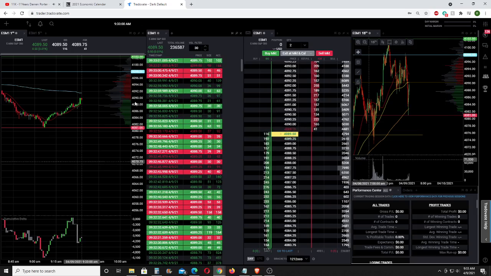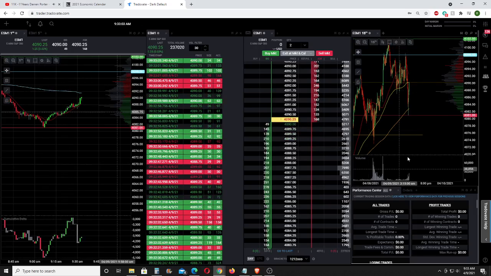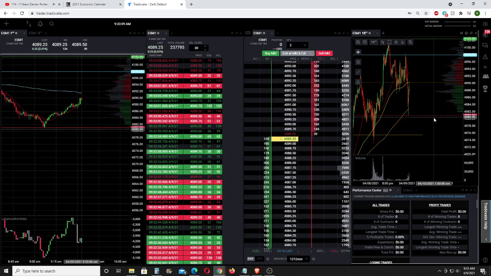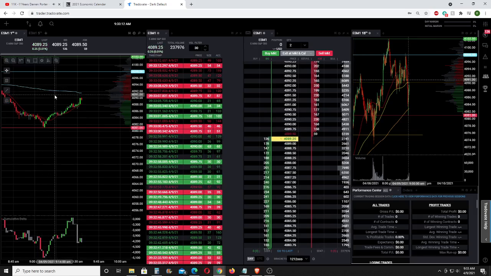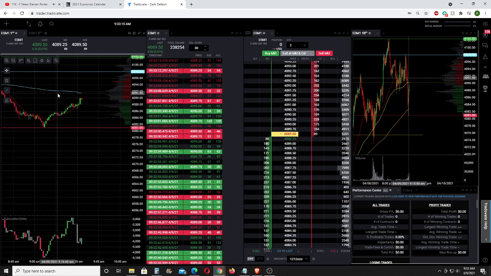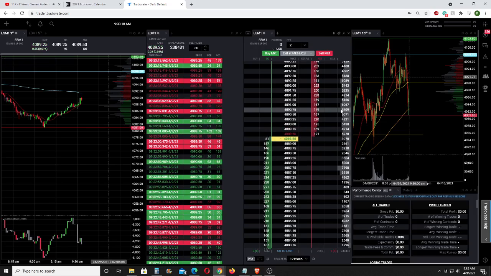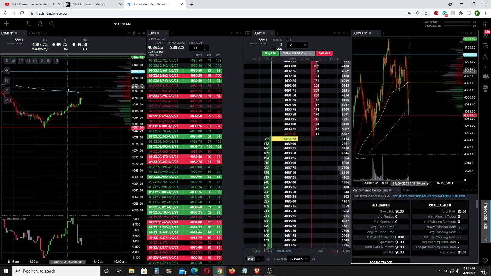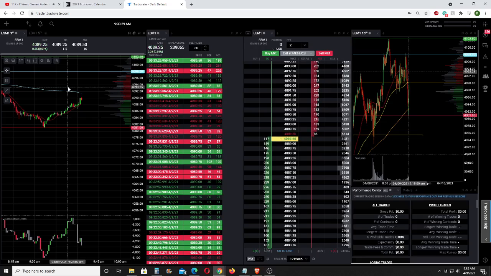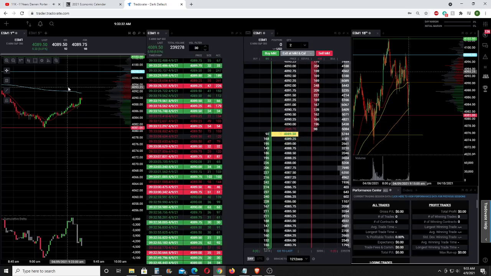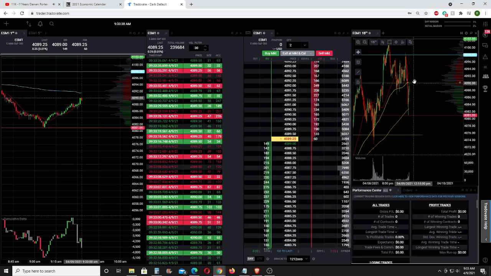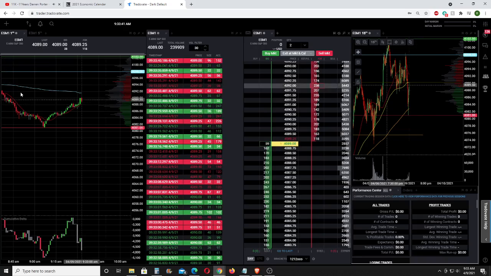Looks like it's heading towards there. Yeah, 4090 is definitely resistance.